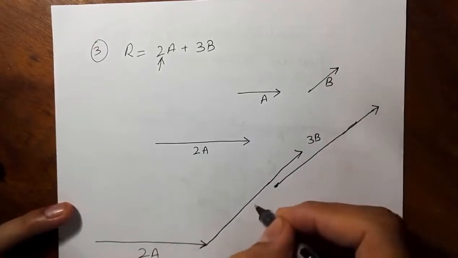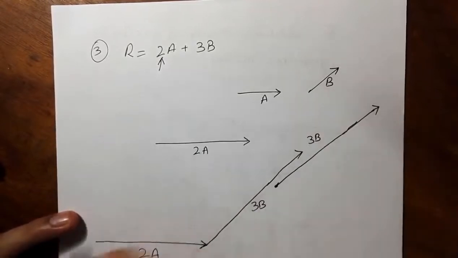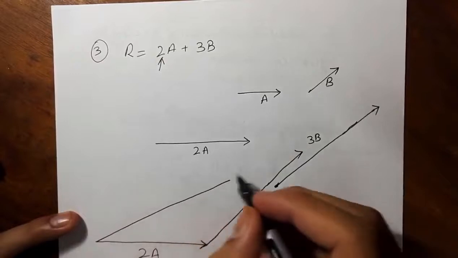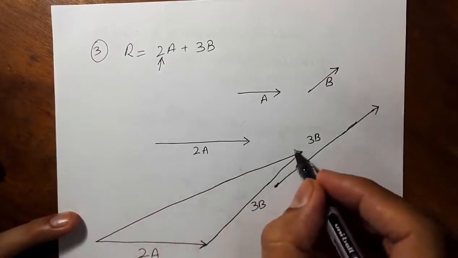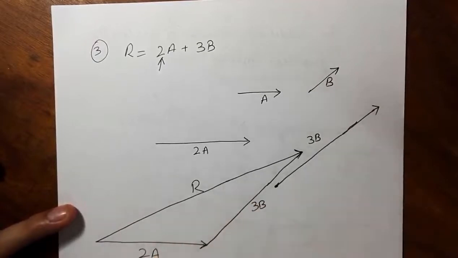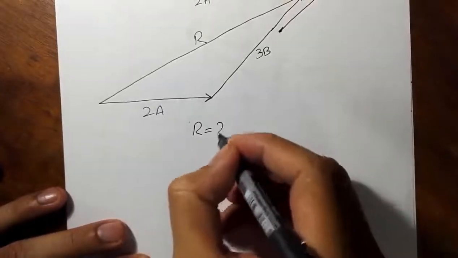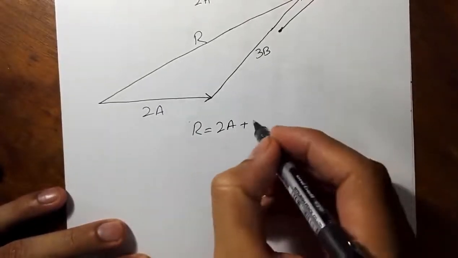This is vector 3B. Now the resultant will be like this. Over here, this is the resultant. So R will be equal to 2A plus 3B.